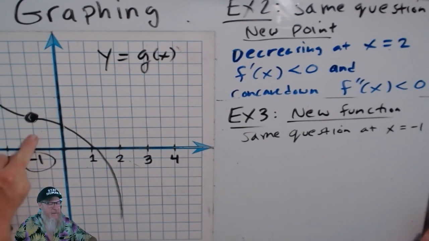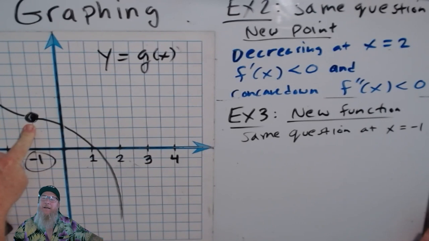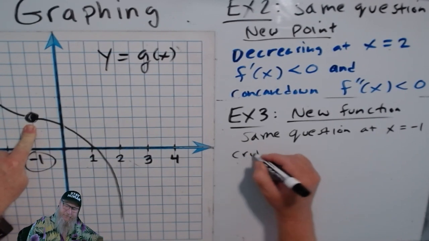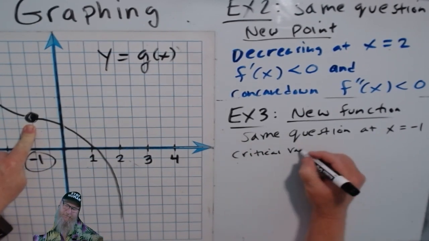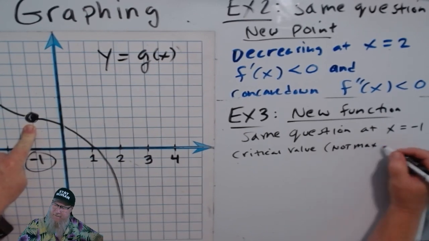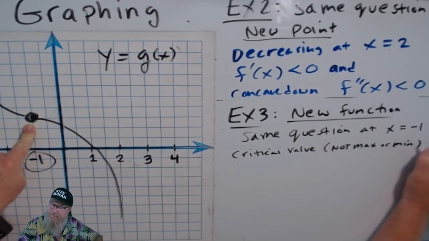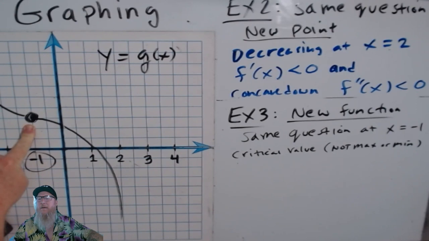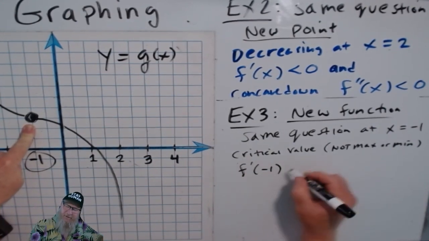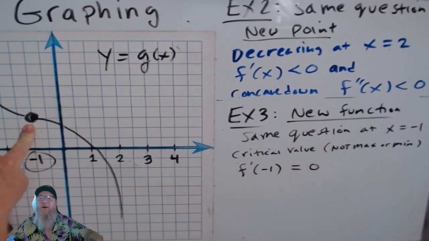Well, it's not a local max, but it is a critical value. It's not a max or min, though. It's a critical value. So f prime of -1 is equal to 0 here.